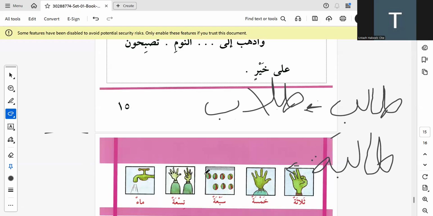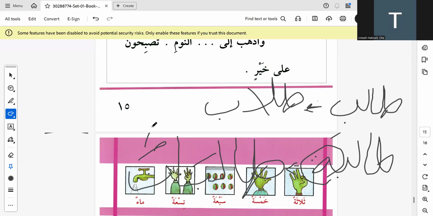We said that to form a sound feminine plural, first of all, طالبة, remove the round ta and replace it with an alif and an open ta. طالبات. The ba is still there, but we have removed the round ta to replace it with alif and open ta. Is that taken? طالبات.